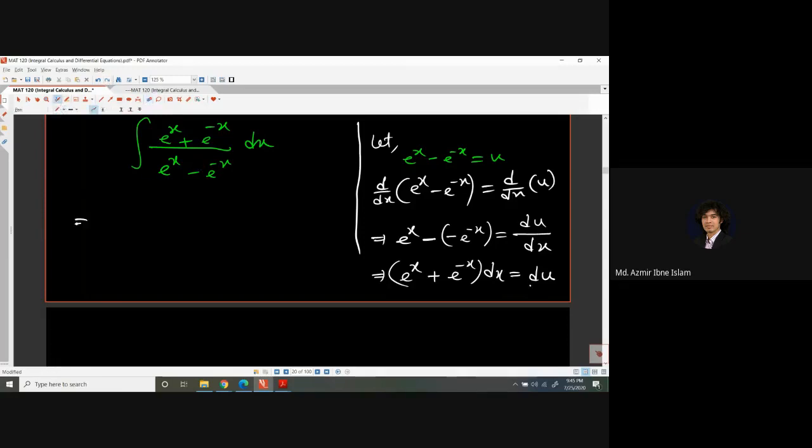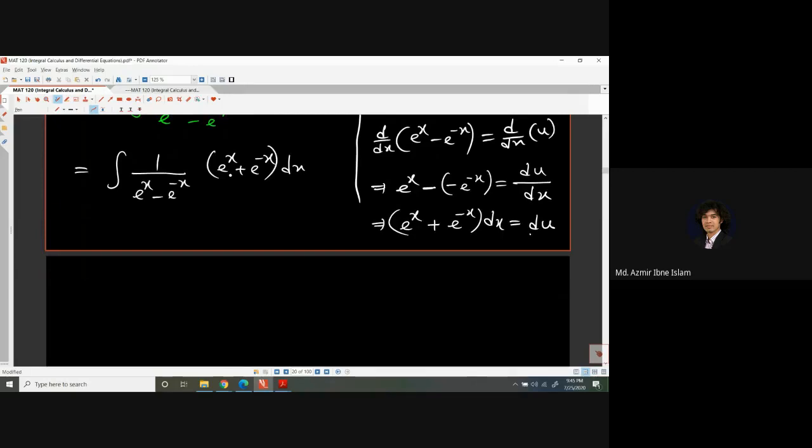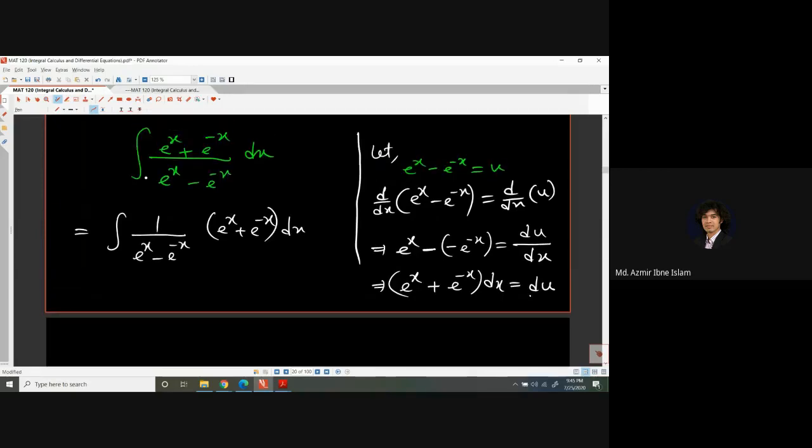if I write again in another way, the same function can be written or expressed as e to the power x negative e to the power negative x, and the upper part is e to the power x plus e to the power negative x dx. We can write it this way. So you can see this part is automatically here.